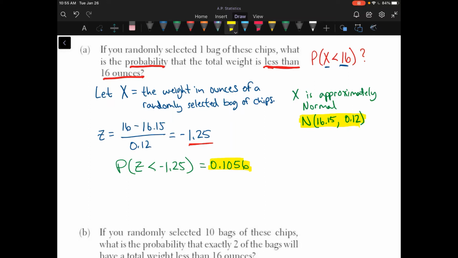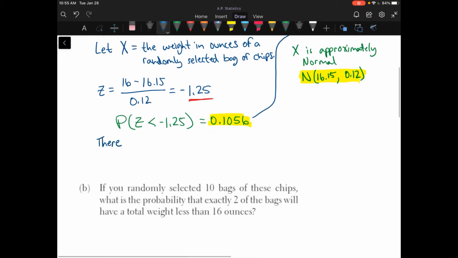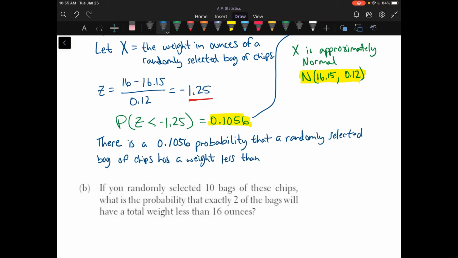And that is the probability that X is less than 16. Then we write our answer. There is a 0.1056 probability that a randomly selected bag of chips has a weight less than 16 ounces. And we're done with part A.